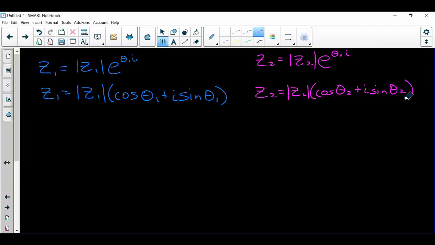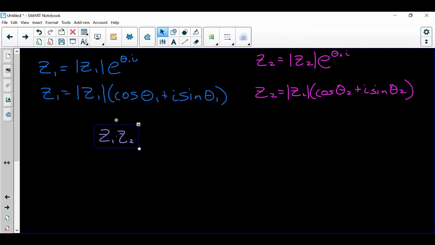Now, what I want to do here is summarize a bunch of these formulas for you. First of all, let's suppose I multiply Z1 times Z2.